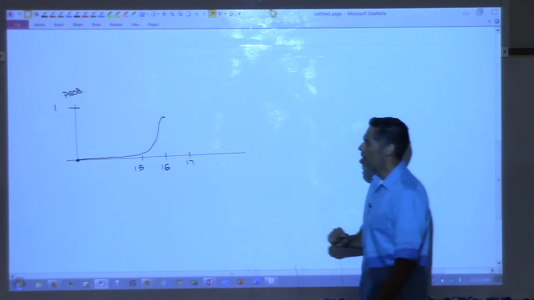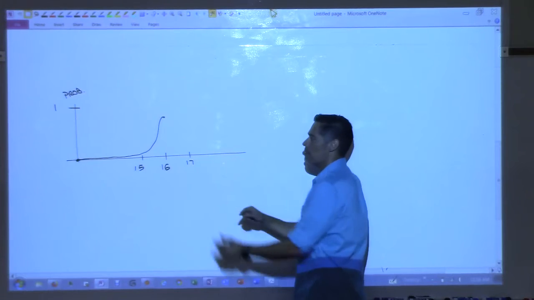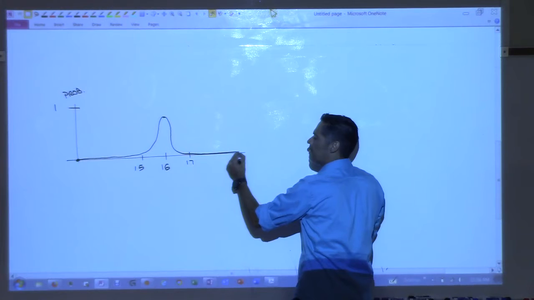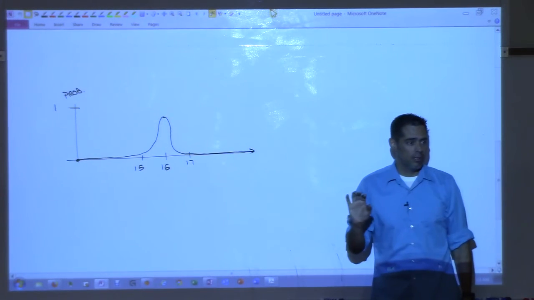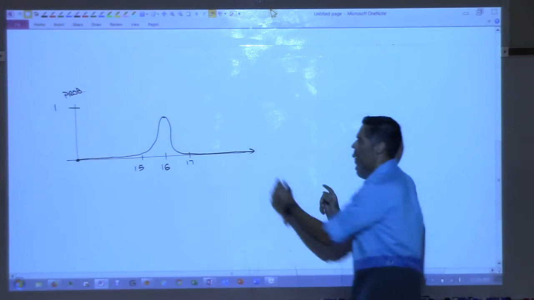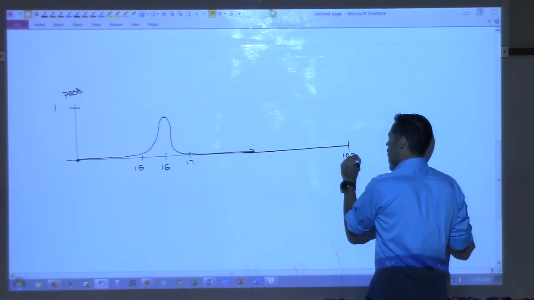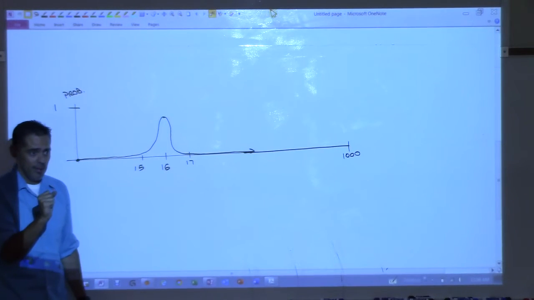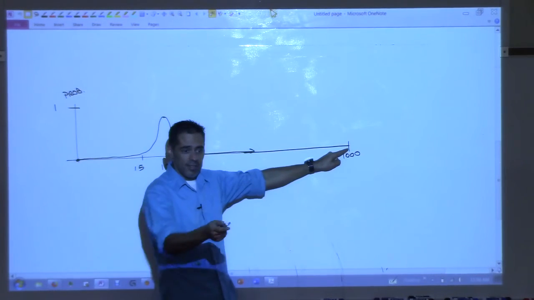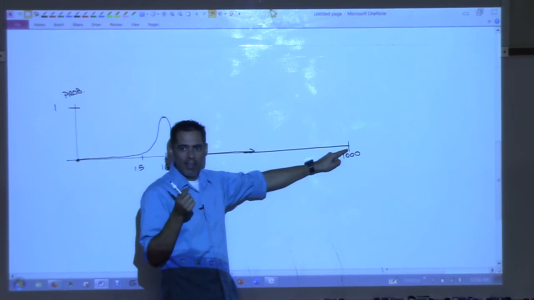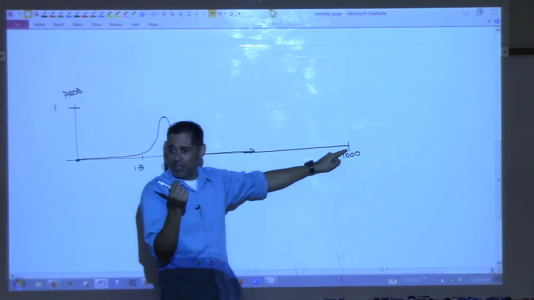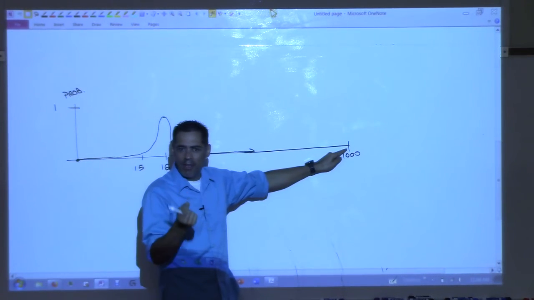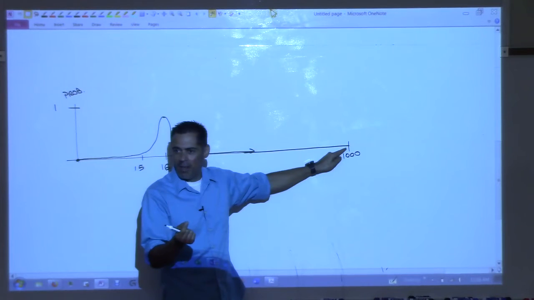But what about over here? It's going to drop down, but it's going to asymptotically approach 0. Now, we all realize that there's no way there's 1,000 ounces in that cup, but you can't say 0 yet. The probability that there's 1,000 ounces in there is so infinitesimally small, it would be like winning the lottery every day for the rest of your life and being struck by lightning every day and surviving.